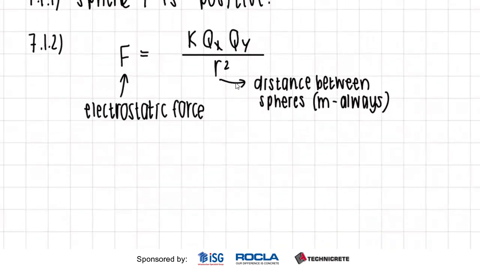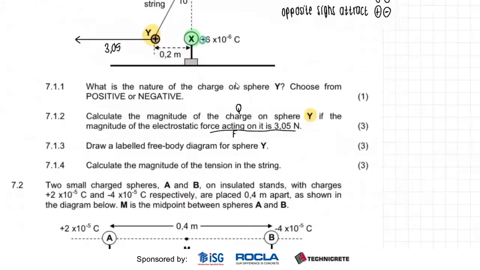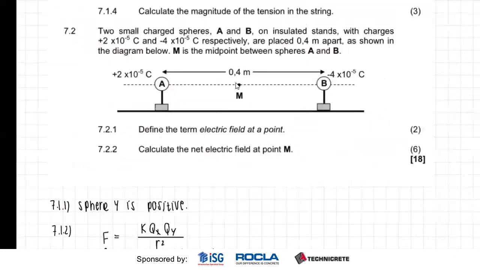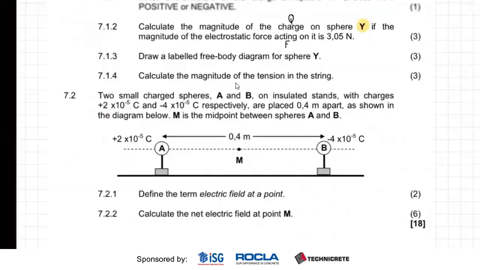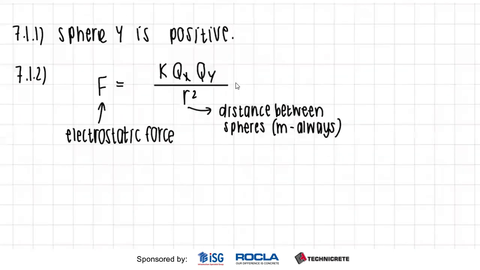Okay, so we're told that the electrostatic force acting on it is 3.05 newtons. Okay, so that means that the electrostatic force between the two, this force putting them apart from each other, is 3.05. So we can put that in there.